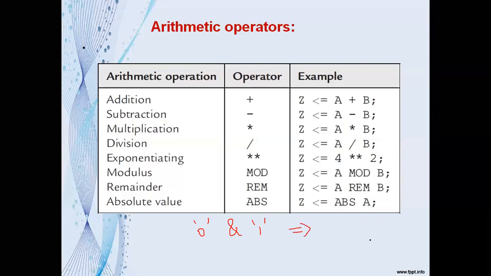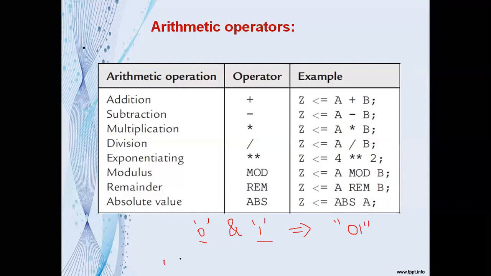It results in an array of characters, the combination of letters or numbers. These are single bits. Now if you perform the concatenation operation, the result will be "01".